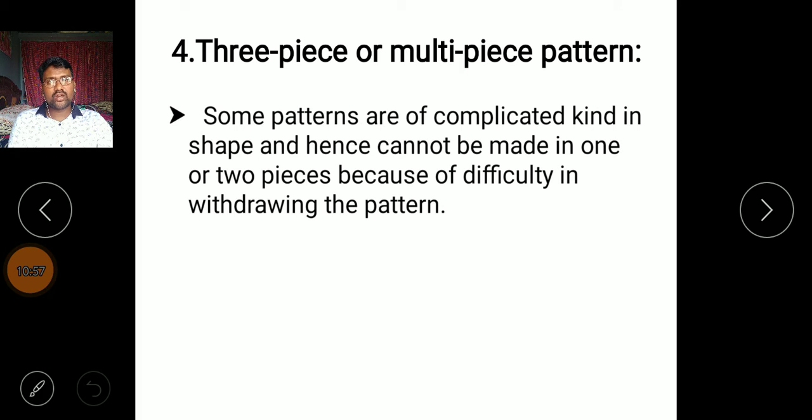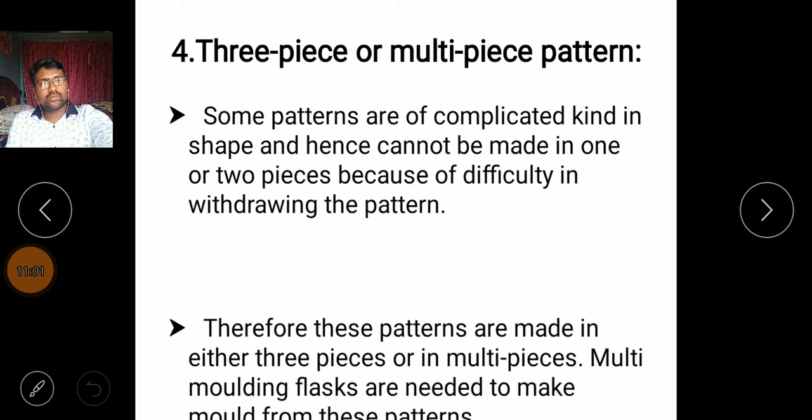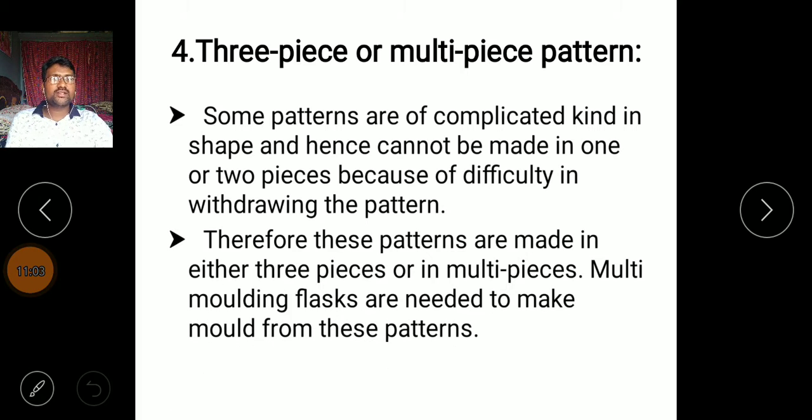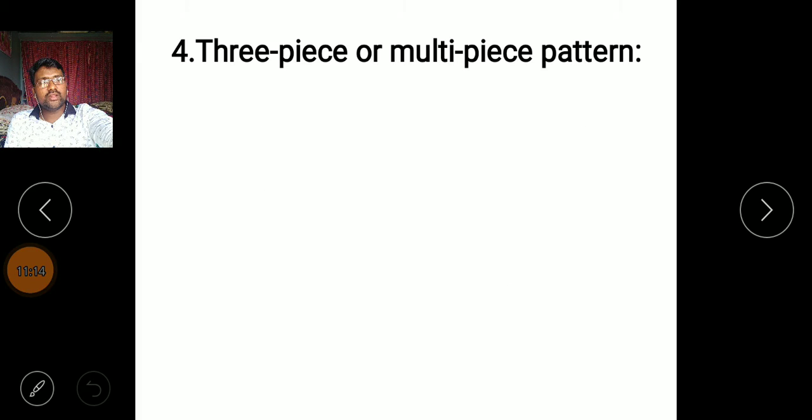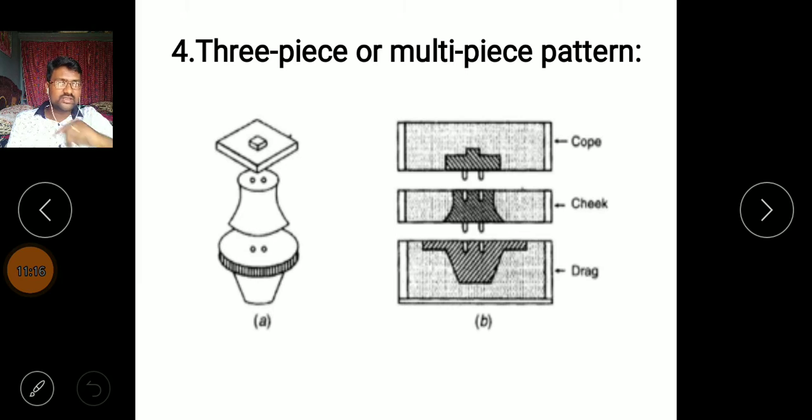For that case, we have to use a 3-piece pattern. Therefore, these patterns are made in either 3 pieces or multi pieces. Multi-mold flasks are needed to make a mold from these patterns. Observe in this diagram, it consists of 3 parts. The bottom one is known as the drag and the topmost is known as the cope.